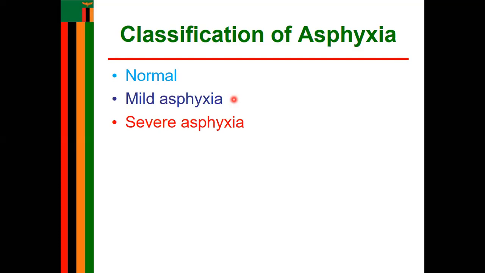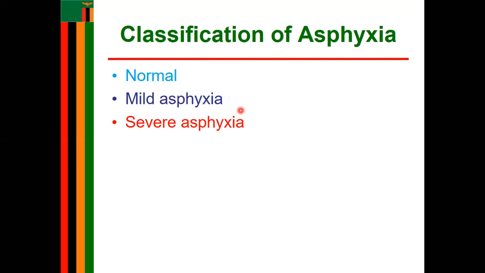The muscle tone may be good, and the baby may respond to stimuli, but the baby may be deeply cyanosed. So those are the characteristics under mild asphyxia. Apart from that, here there is no significant deprivation of oxygen during labor.